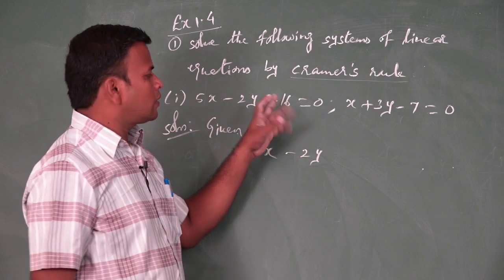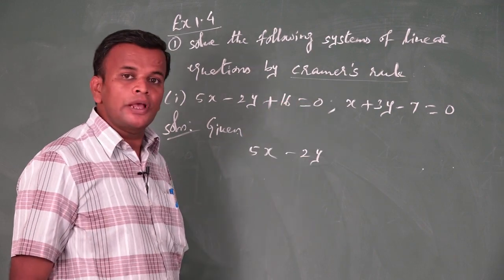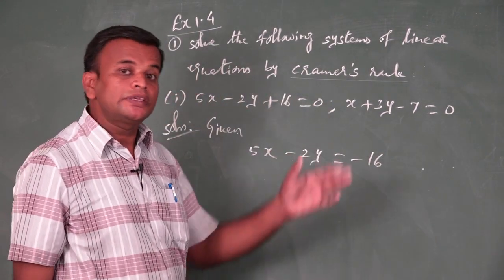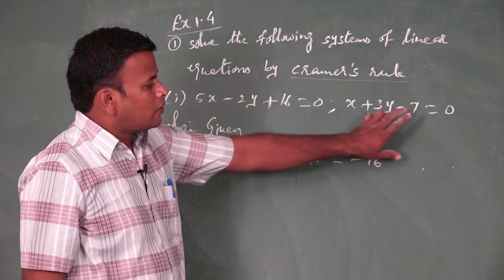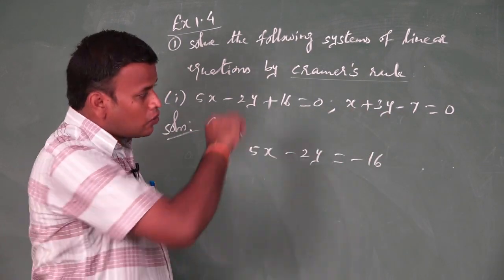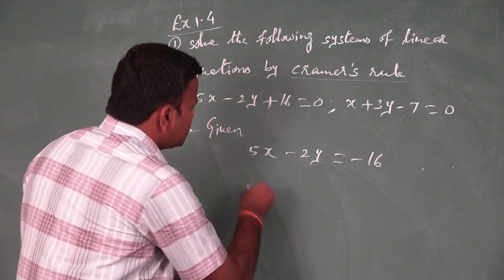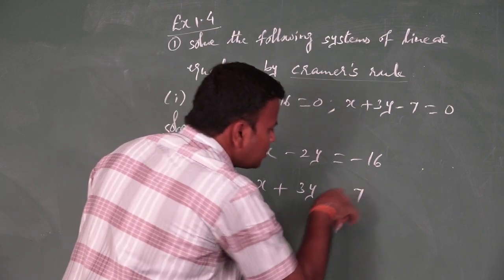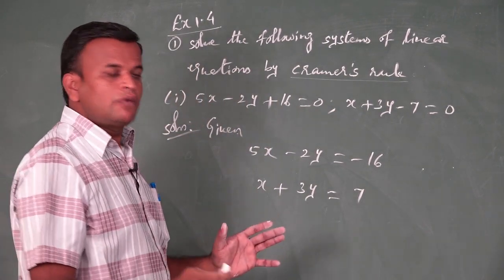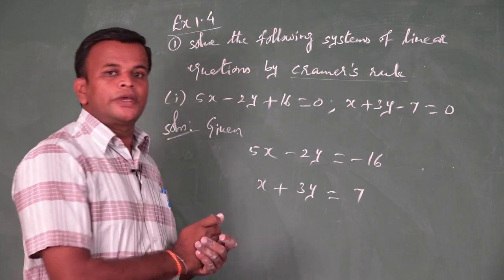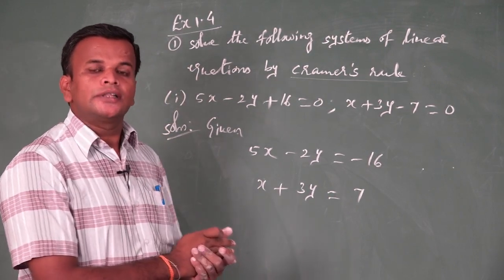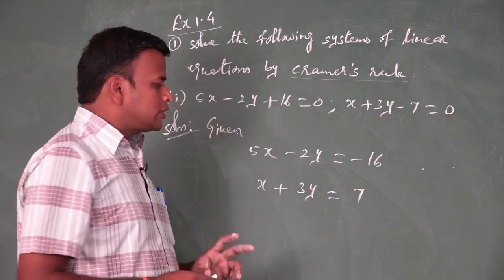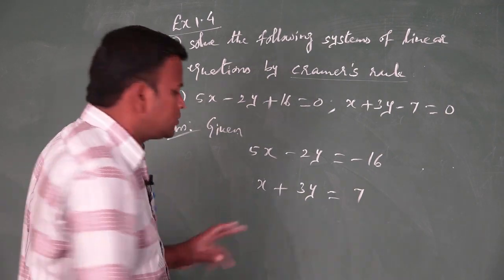Don't get confused: when the constant plus 16 goes to RHS, it becomes minus 16. The second equation also, x plus 3y, with the constant term in LHS, goes to RHS and becomes plus 7: x plus 3y is equal to 7. So for our convenience, we keep the coefficients of x and y only in LHS and the constant term in RHS.